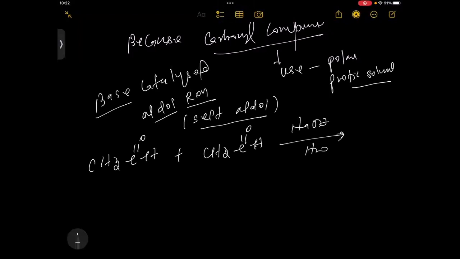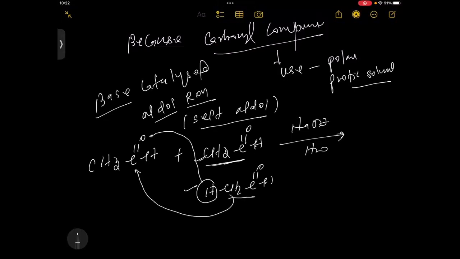Students see that this CH3 group, can we write it like H CH2 C double bond O H? Yes, we can write it like that. So the H will go to this oxygen, and the rest of the portion will directly attack that carbonyl compound.